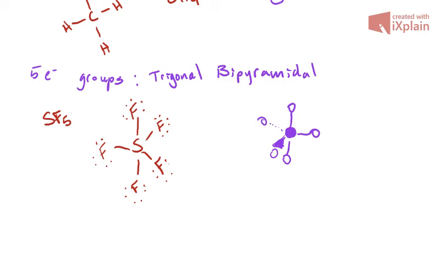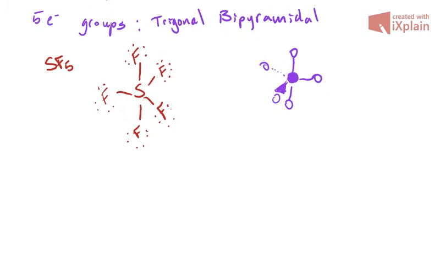Questions on trigonal bipyramidal? Okay. Final one. Six electron groups. You guys remember what this one was?